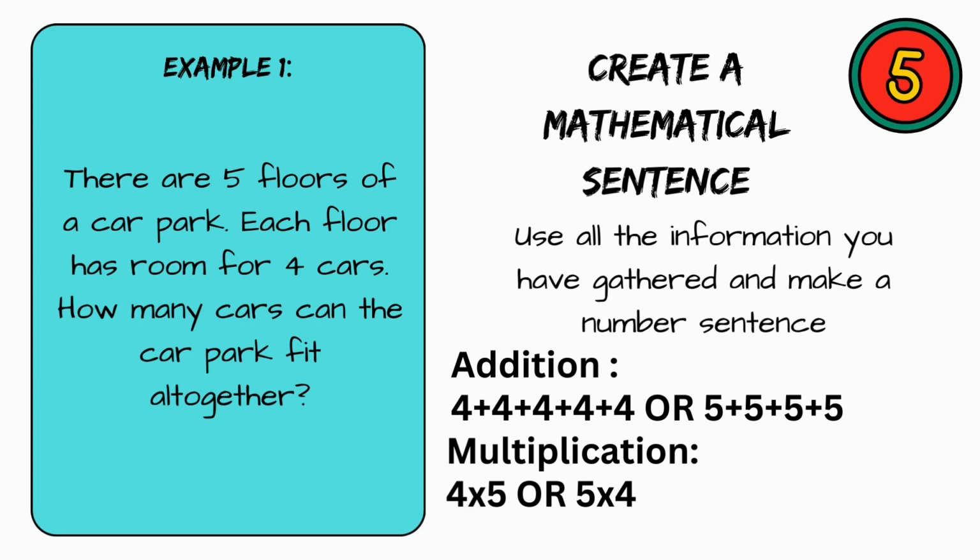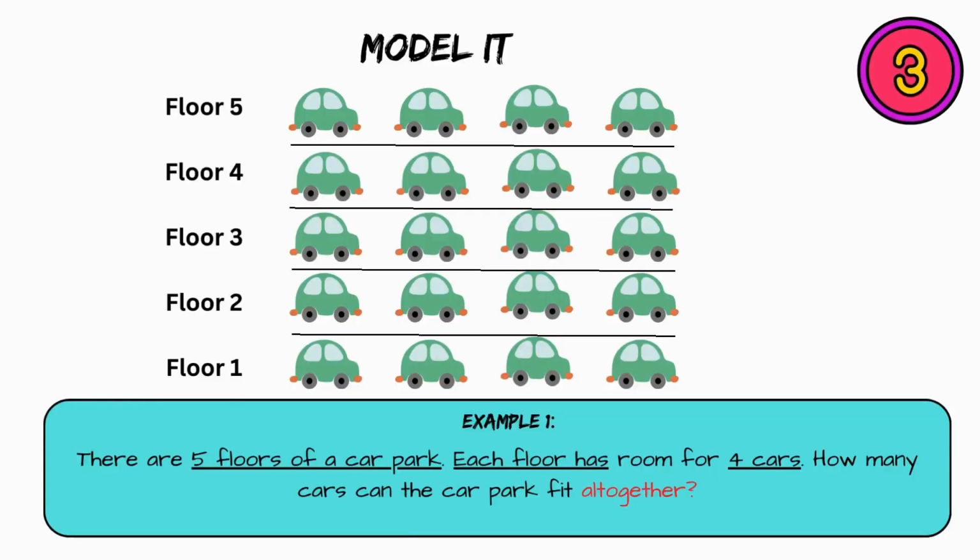So for addition, as I said, 4 plus 4 plus 4 plus 4 plus 4, or 5 plus 5 plus 5 plus 5. That is addition. And then multiplication is 4 times 5 or 5 times 4. If we go back to the model, you can do columns times rows, or rows times columns.